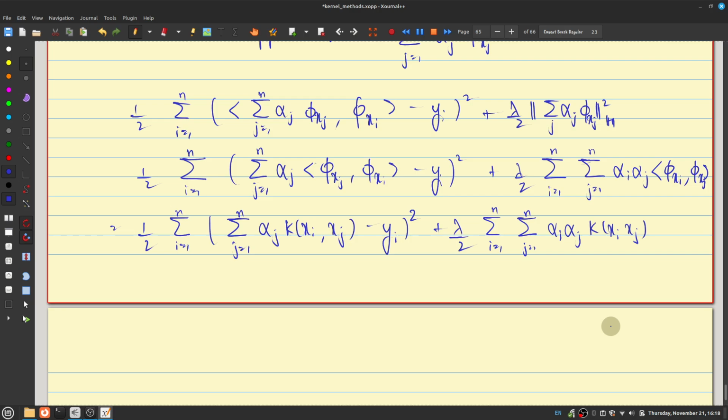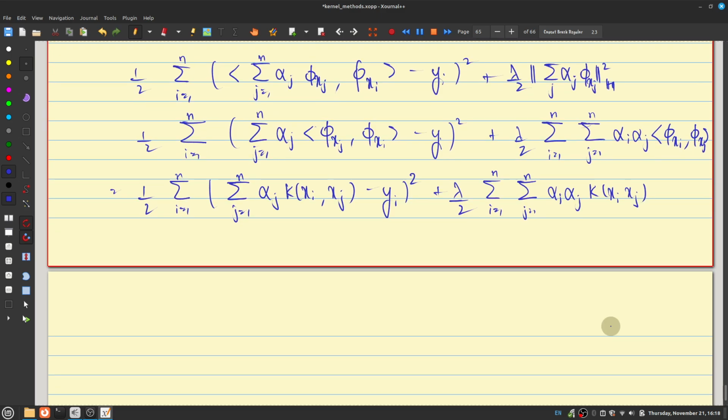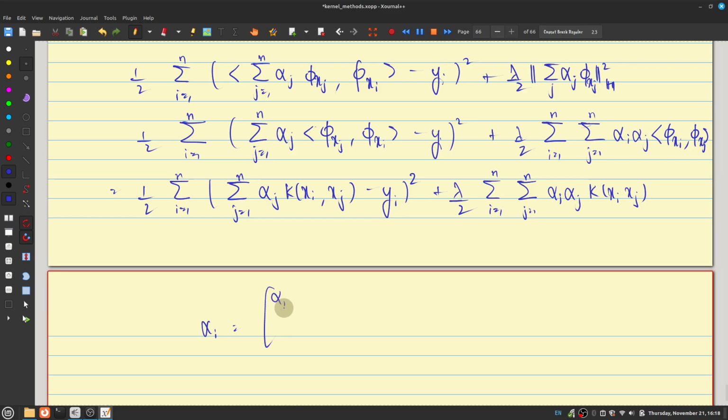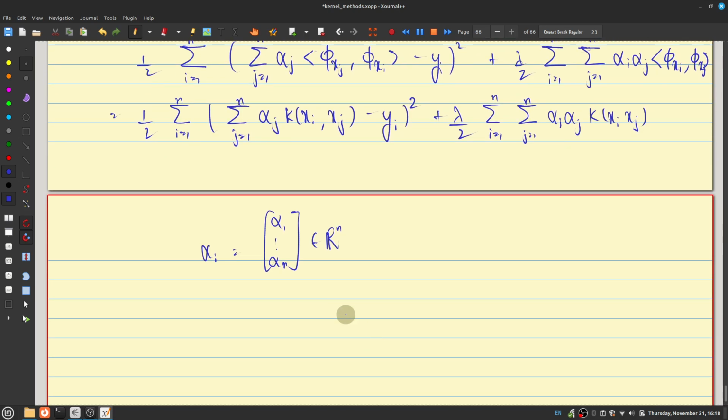All right. Now let me just stack all of the alpha i's as a vector. So alpha is simply this vector alpha 1 through alpha n, right? What does this look like?